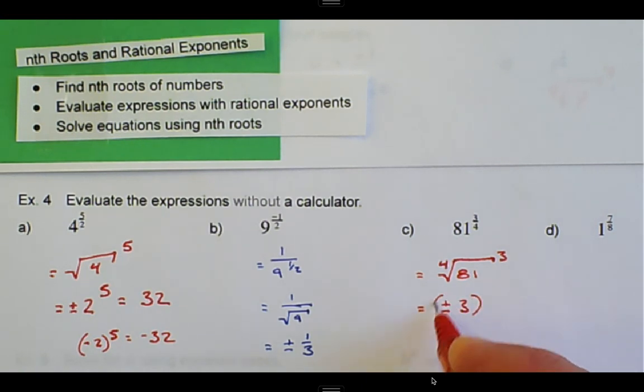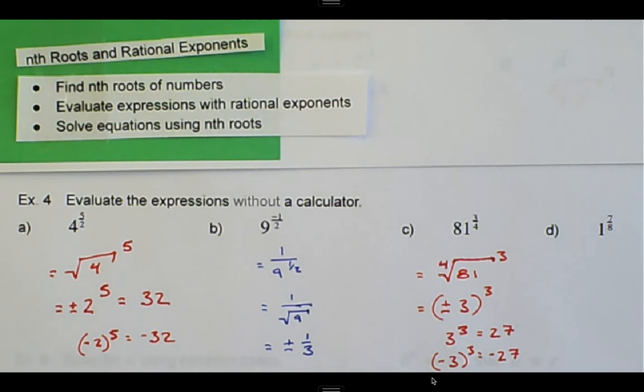And then we still want to have that raised to the 3rd power. So in that case, if it was positive, that's going to be equal to 27. And if it was negative, that would be equal to negative 27.